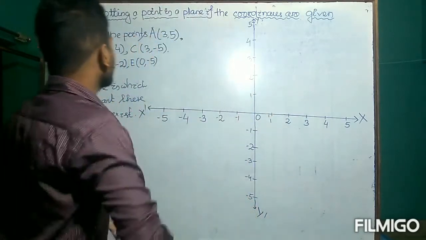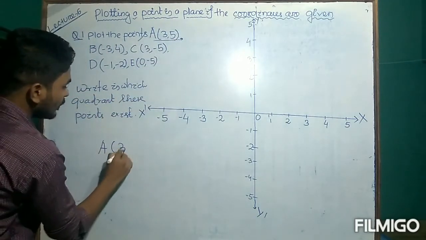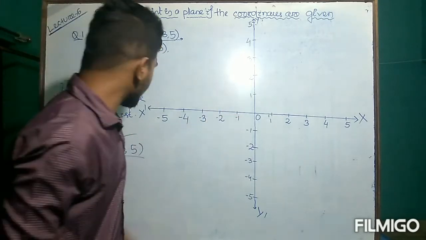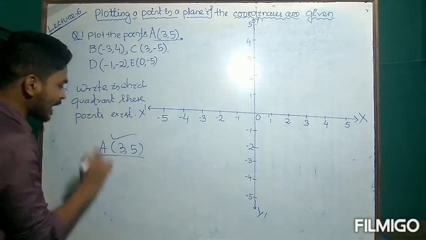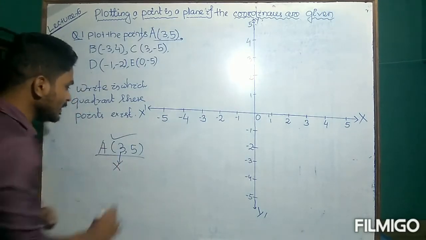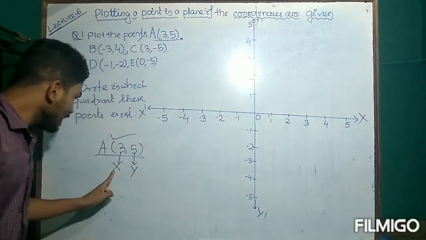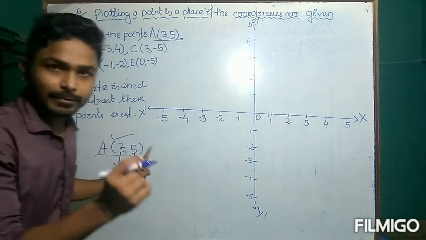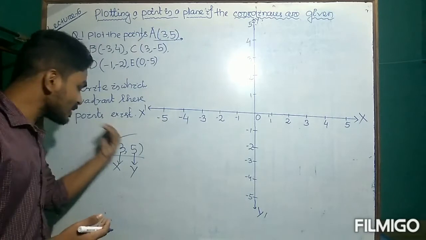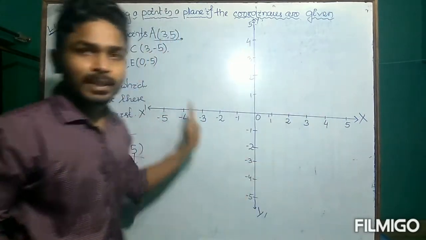Okay, so the first point is A (3, 5). We are going to represent this point on the Cartesian plane. For this you have to first identify the coordinates. Here the x coordinate is 3 and the y coordinate is 5, and you see the x coordinate has a positive value. It means this x coordinate must lie towards the right side of the Cartesian plane.